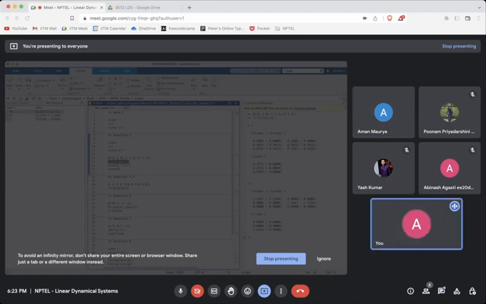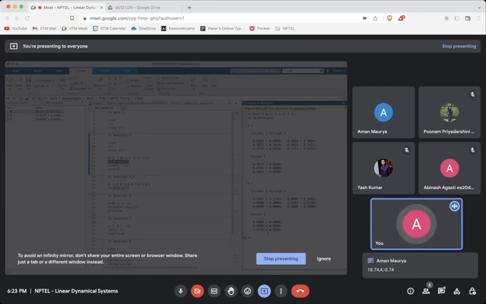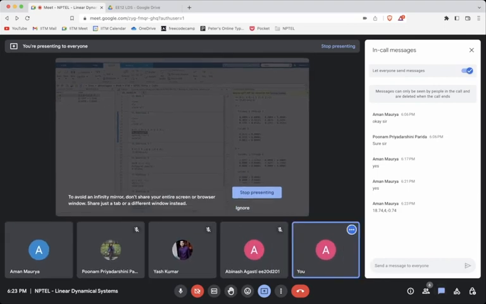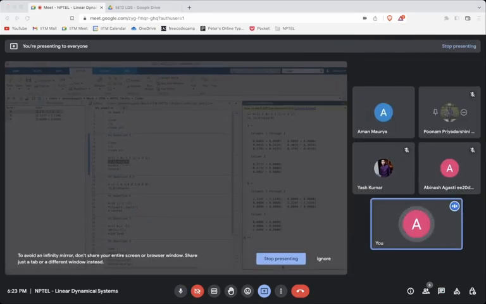If you look at it, the eigenvectors are given by the V matrix, and the eigenvalues are given by these three complex values, right? So these are the eigenvalues which we have.